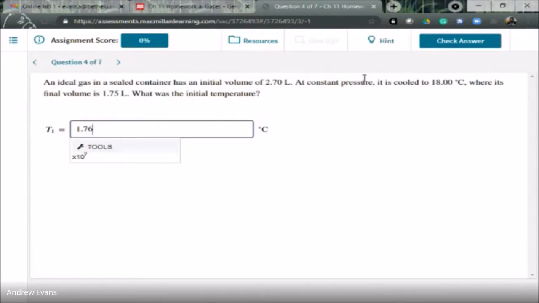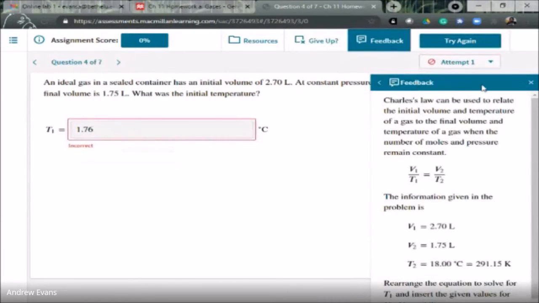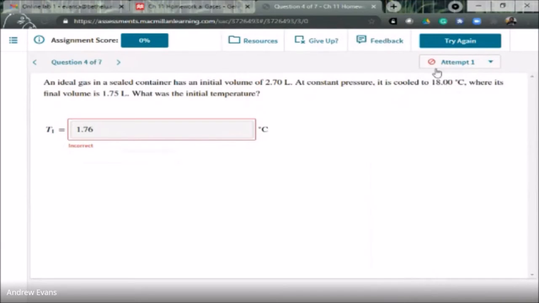I know it's really hard. Okay, let's see. 18, that's 273. Okay, let's see. 2.7 divided by 291, 2.7 times 291 divided by 1.75.